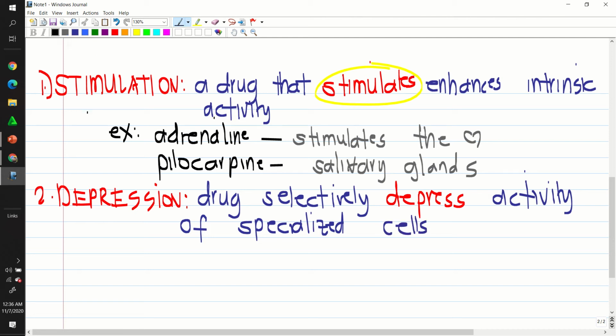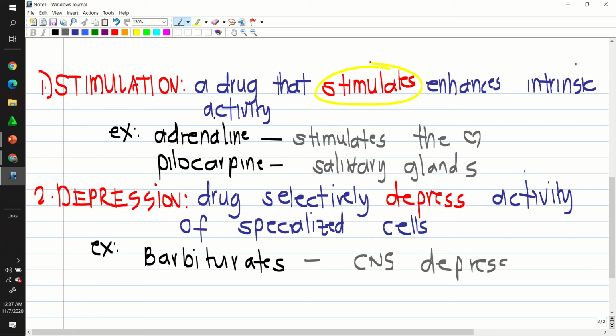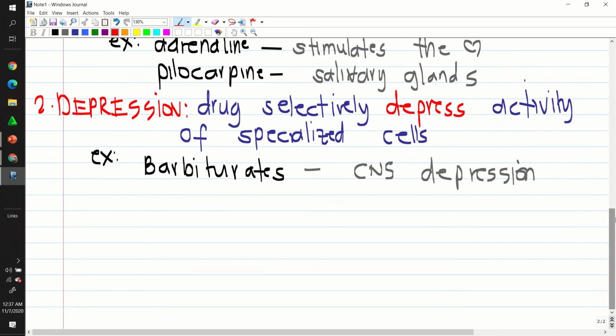What would be a good example, class? A good example of depression, obviously, is barbiturates. Barbiturate is a CNS down. It causes CNS depression. And you will encounter those, class, when you reach your third year or even your fourth year. So it's very important to know the basic concept.